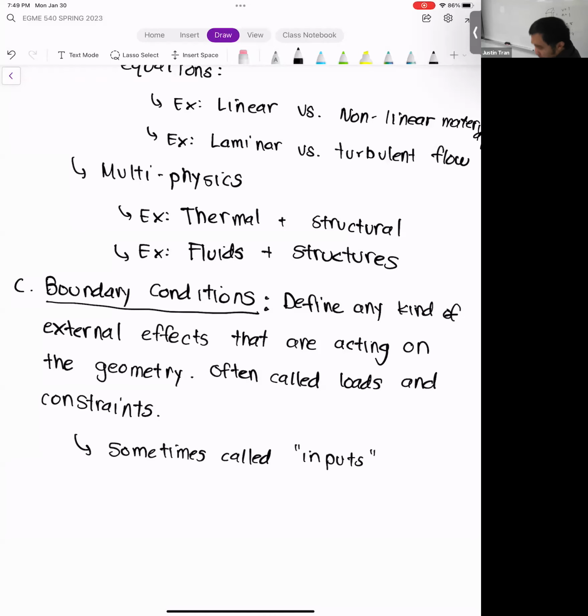It seems like a strange name, but the reason is that boundary conditions are actually the things that make your geometries do interesting things. This will become more clear as we do more ANSYS activities. Without any boundary conditions or inputs, your geometry is just not going to do anything interesting.